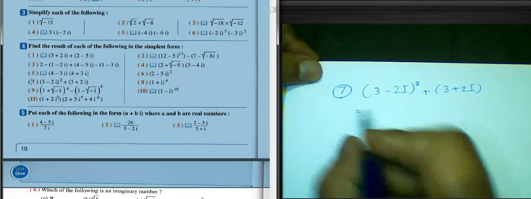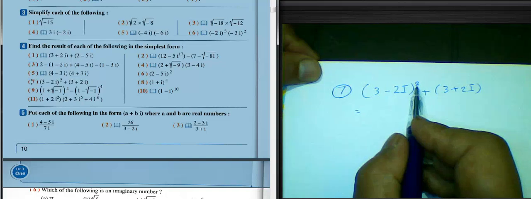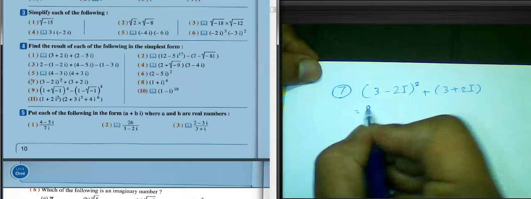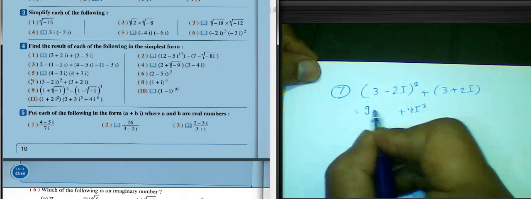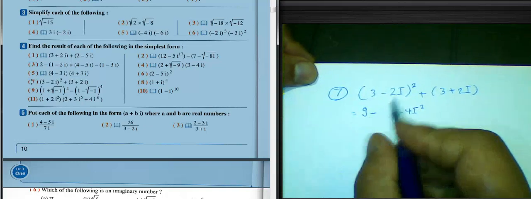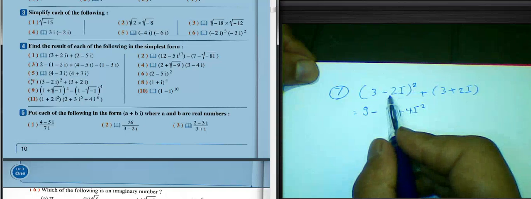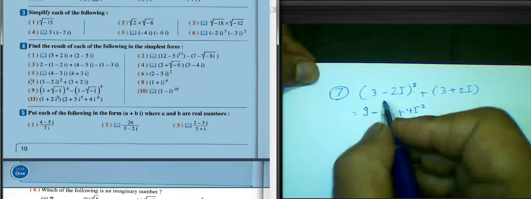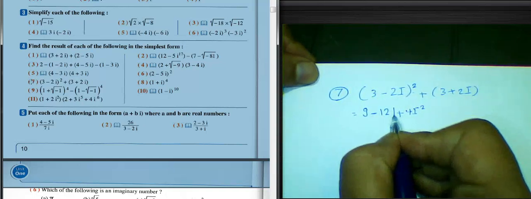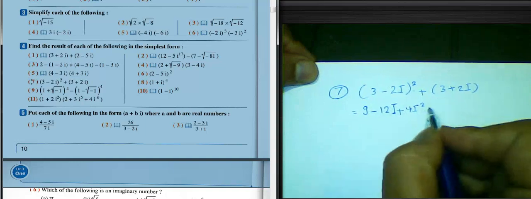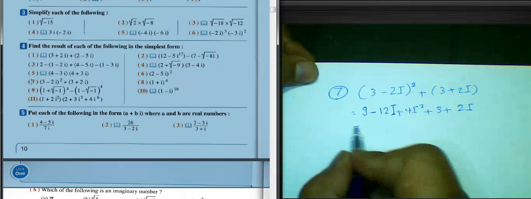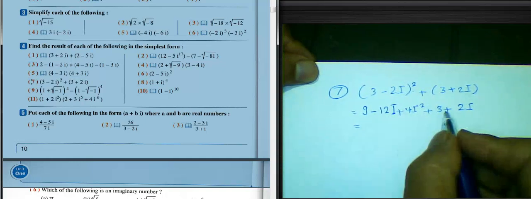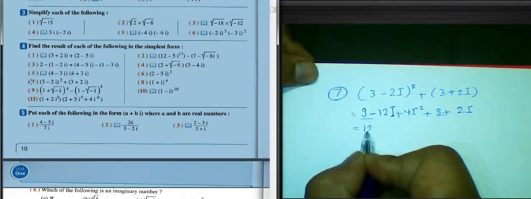First we will distribute the power here. 3 power 2 equals 9, plus 4i power 2. Right, subtract here. 2 times 2 equals 4, 4 times 3 equals 12, 12i, okay, plus 3 plus 2i. 9 plus 3 equals 12.